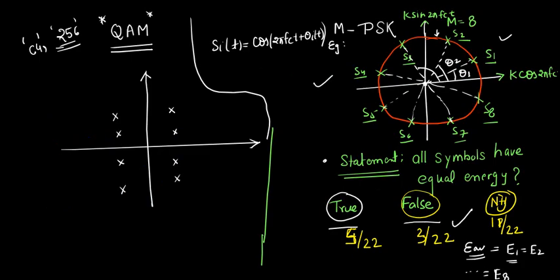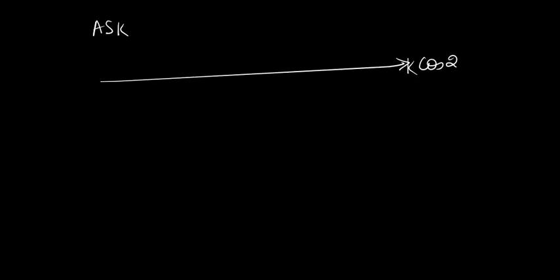And if you remember, I will just write ASK. What is ASK? Amplitude shift keying, and we embedded the information here. So any ASK signal, how will you write ASK signal?